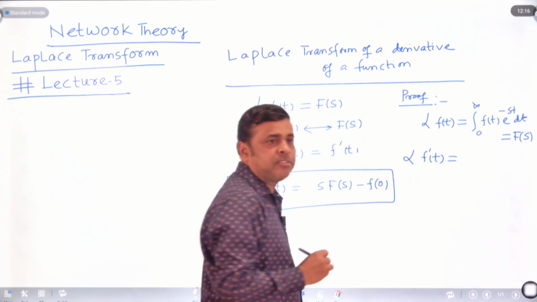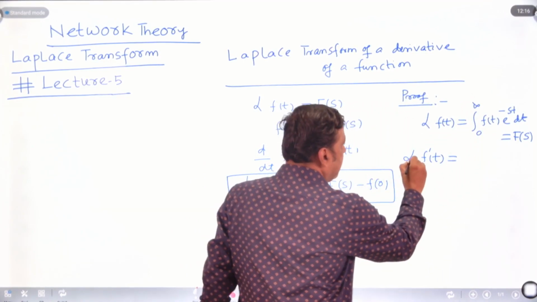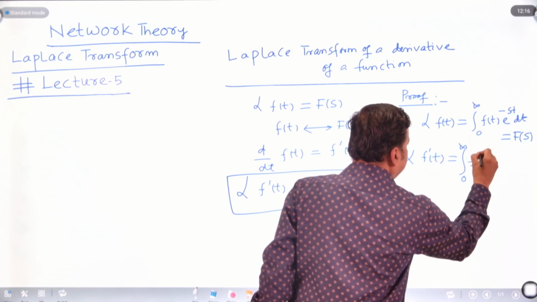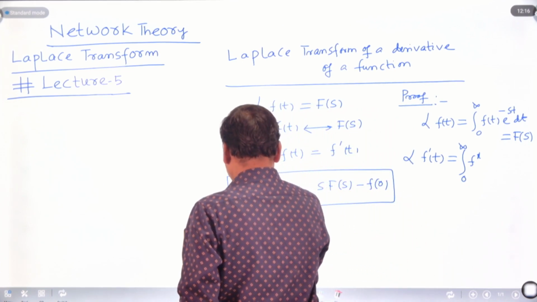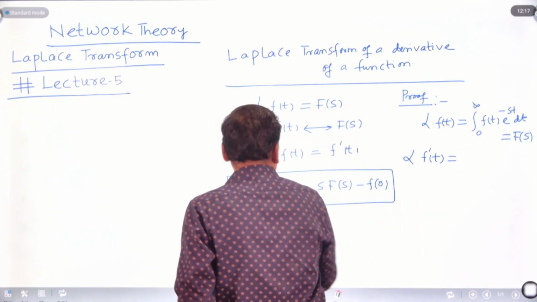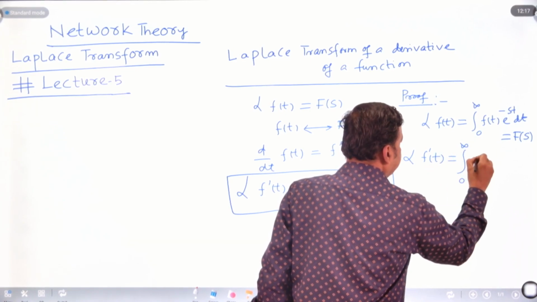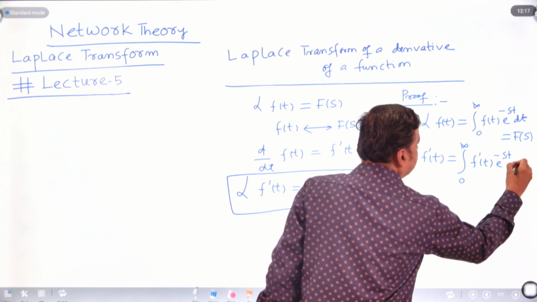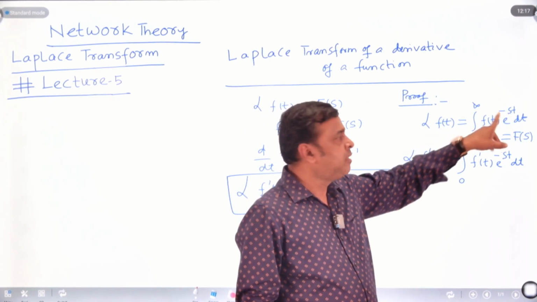Already I told you the Laplace transform of any function is that function times e^(-st) dt, integrated from 0 to infinity. So the Laplace transform of f'(t) is the integral from 0 to infinity of f'(t) e^(-st) dt. The Laplace transform of f(t) is the integral of f(t) e^(-st) dt. This is a standard formula.